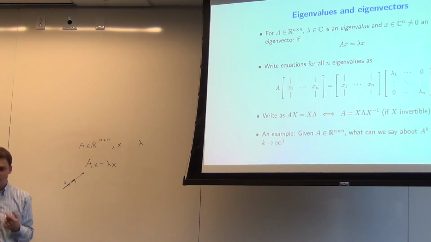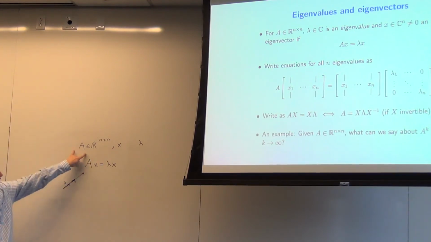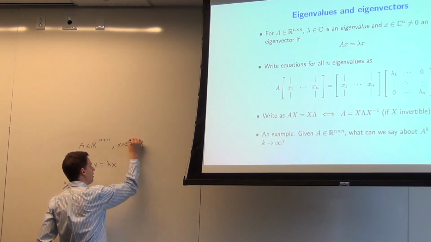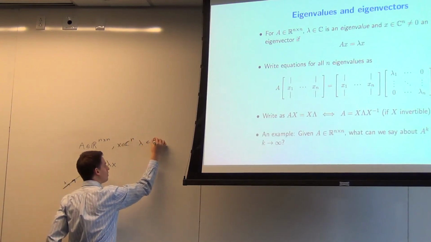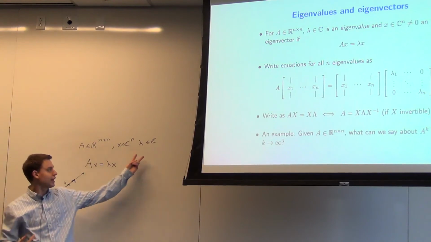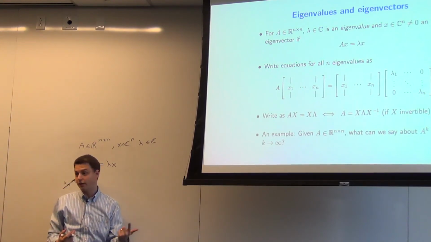Now that's an intuitive notion, but a couple things are weird. First of all, even when A has real values, both the eigenvectors and the eigenvalues can be complex valued. So x is a complex valued vector of n dimensions, and lambda is a complex valued scalar.